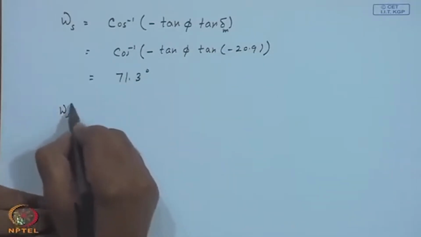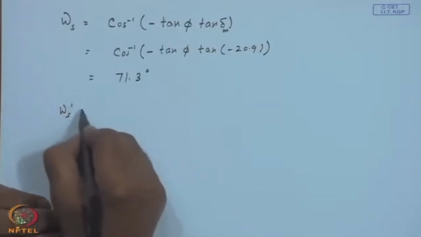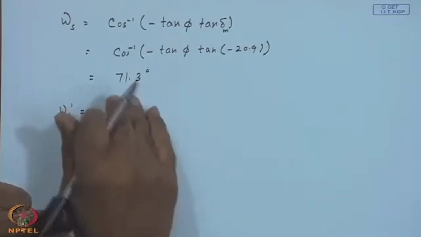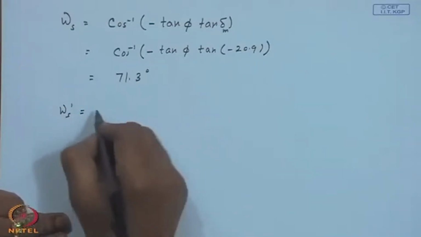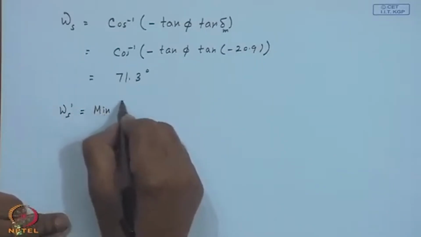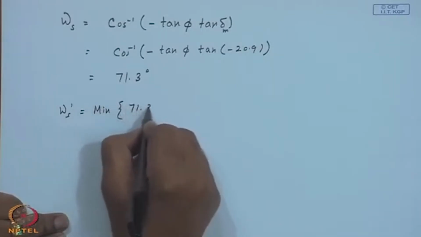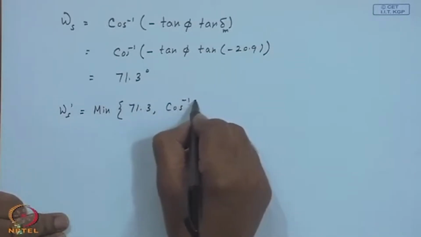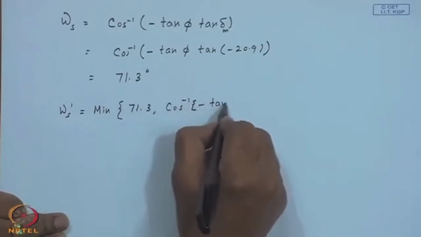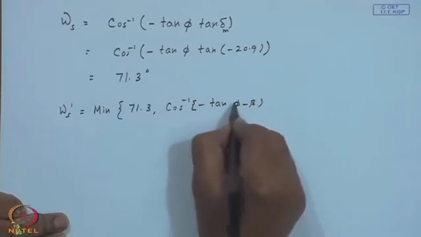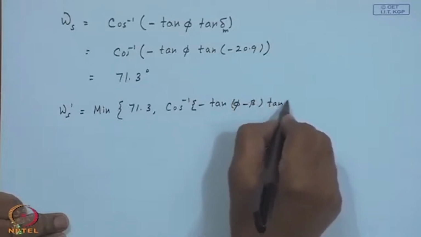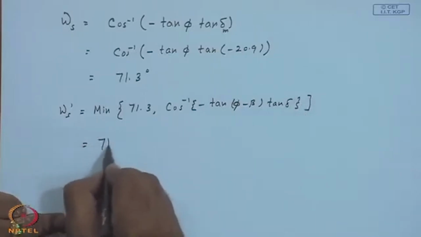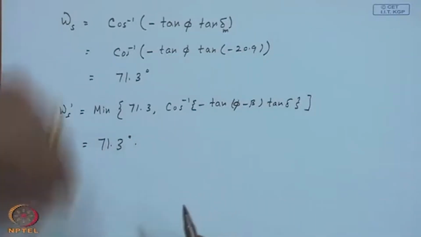And omega s dashed for this south facing surface will be the minimum of 71.3 and cos inverse of minus tan of phi minus beta tan delta, which is 71.3 degrees.